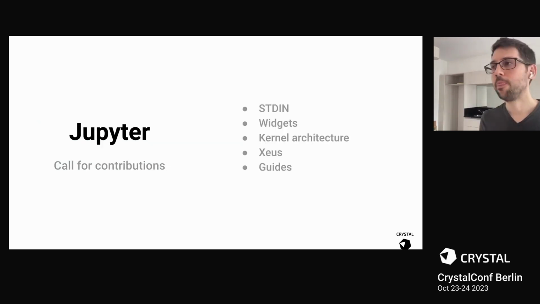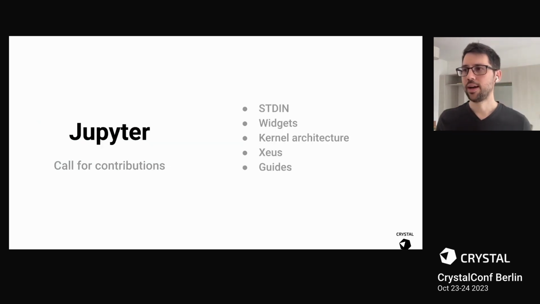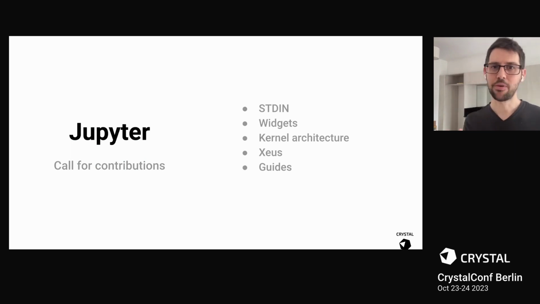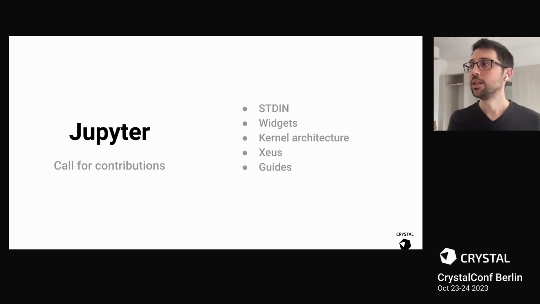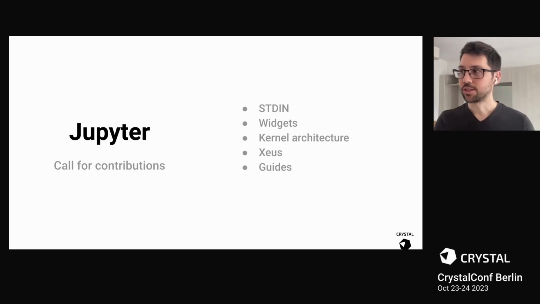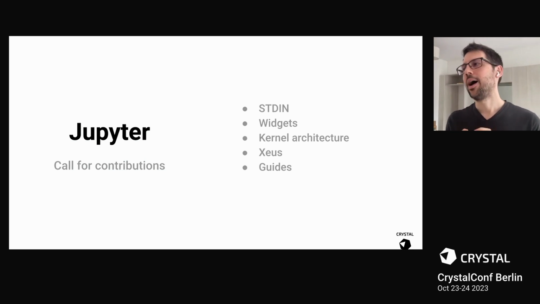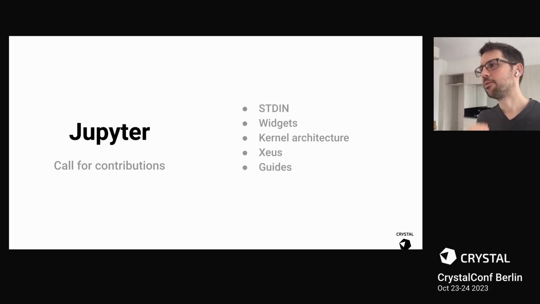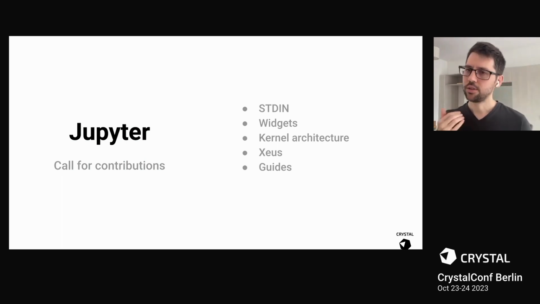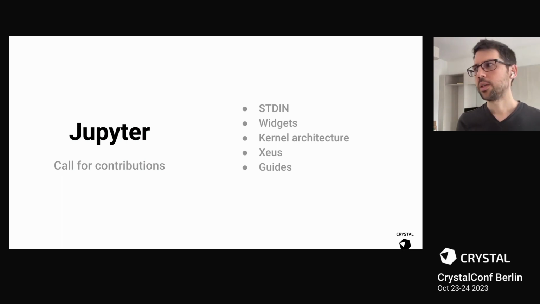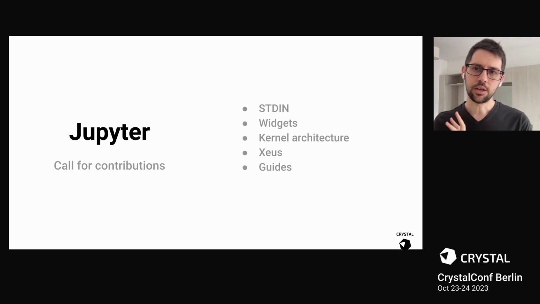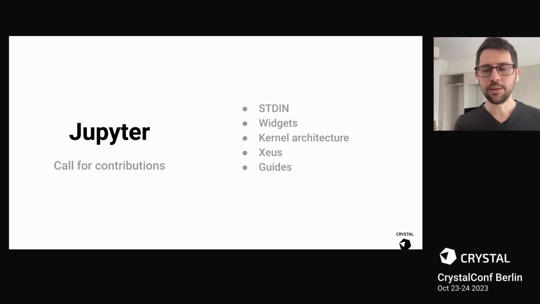Then in the Jupyter kernel itself, I don't know Python basically, and I have very little knowledge of the Jupyter ecosystem at all. But I know we don't support standard input, but we could. We don't support widgets, we could. The kernel architecture is a bit more in a proof of concept state, and there is a project called Xeus on Jupyter, which is a C++ implementation scaffolding of a kernel.